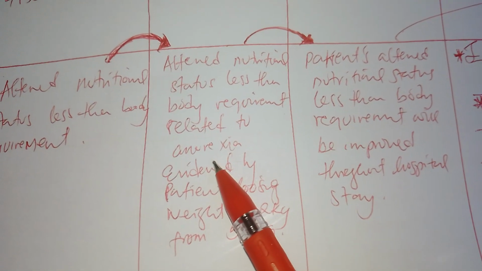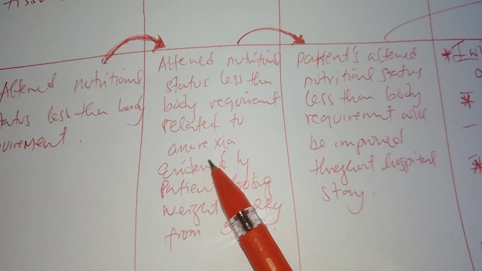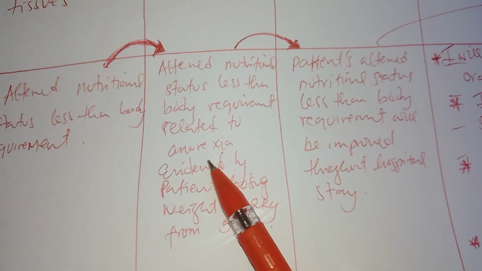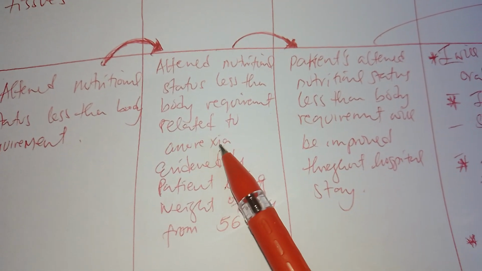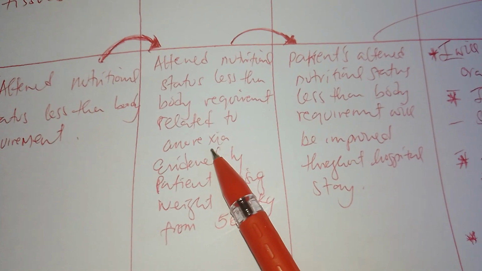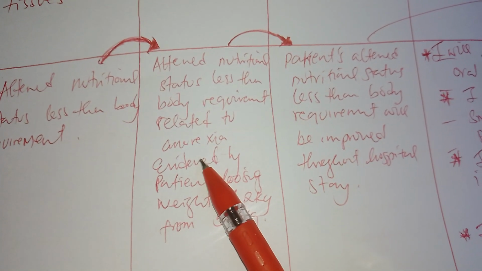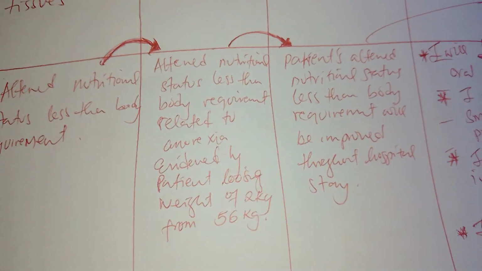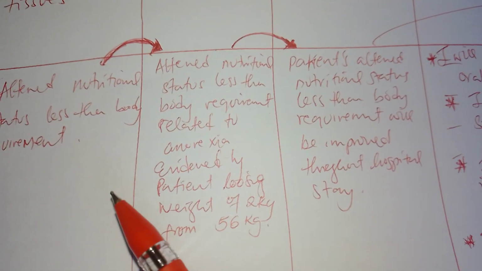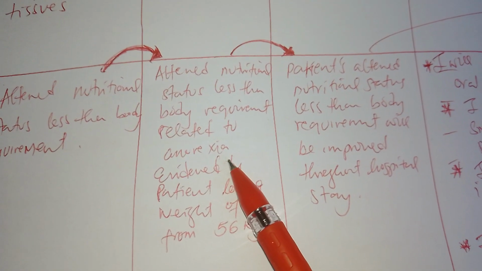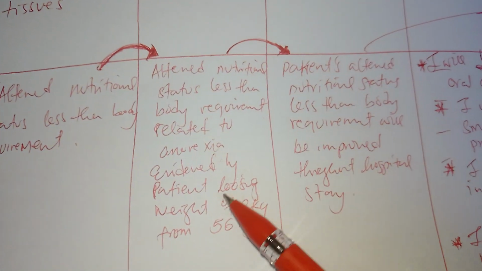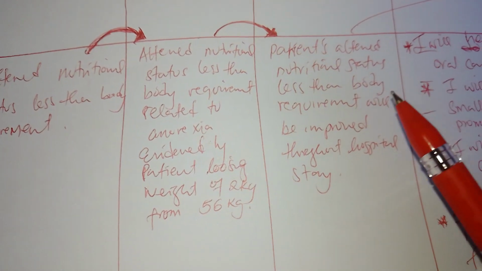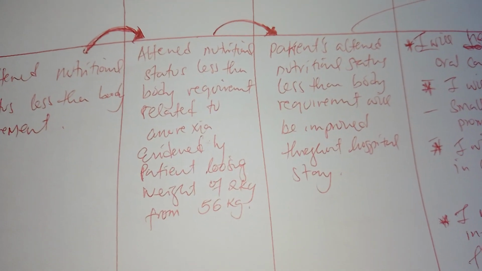The anorexia here is coming in because, and I'll try and make another video on the differences between left-sided and right-sided heart failure, if the left side of the heart is the one that has failed, for example, you're going to have a sign and symptom of anorexia because of the congestion of fluid which is accumulating in the abdominal cavity. So: anorexia evidenced by patient losing weight of about 2 kg from 56 kg.